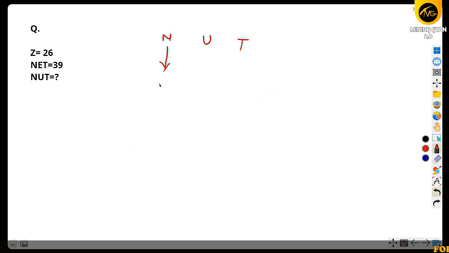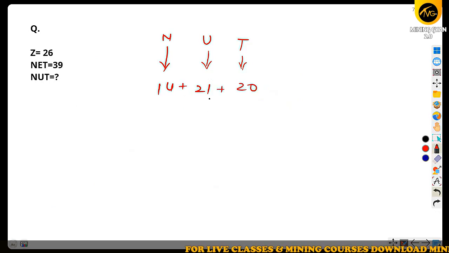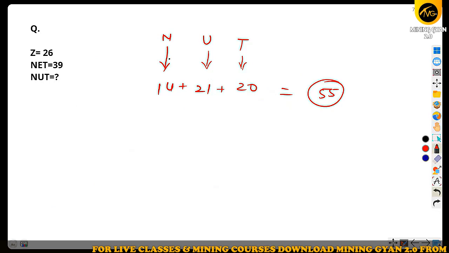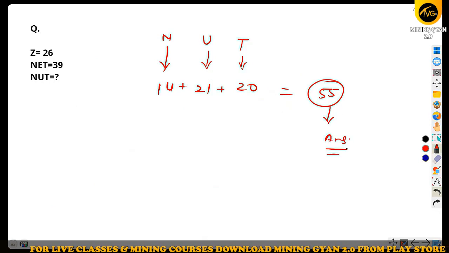The base number for N is 14, U is 21, and T is 20. You already know T will be 20. Just add these numbers: 14, 21 and 20, and it will be 55. So the answer will be 55 for NUT. So 55 is the correct answer.